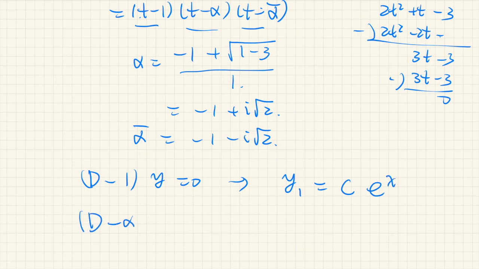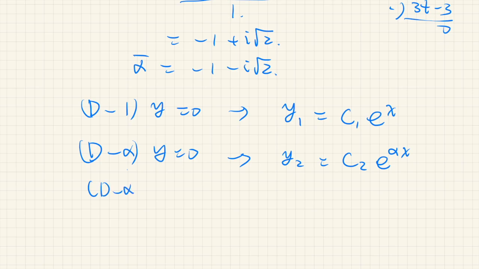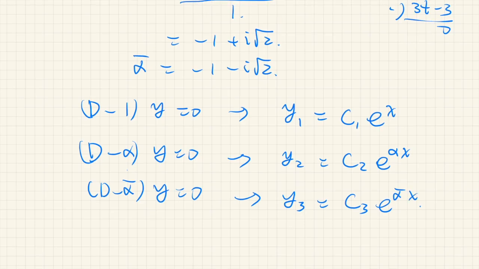And by solving this, y2 equals c2 exponential of alpha x, and D minus alpha bar gives, from here, c3 exponential of, wait a minute, it's just alpha bar x.